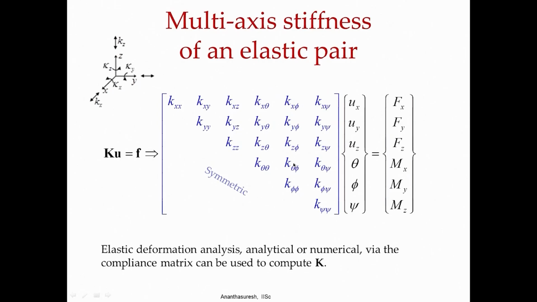That is how it is in the kinematic pair. Whereas in an elastic pair, if I say rotation about x axis, K theta will be small but not 0, finite but small. Others are not infinite, but they will be finite and very large, and that is how one has to design elastic pairs.